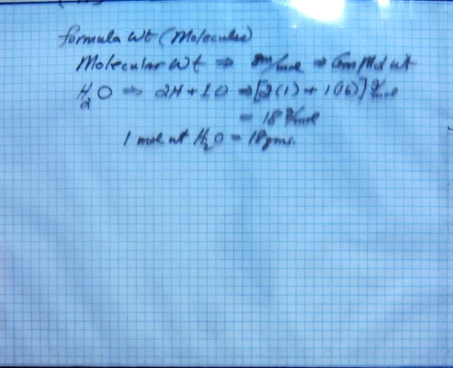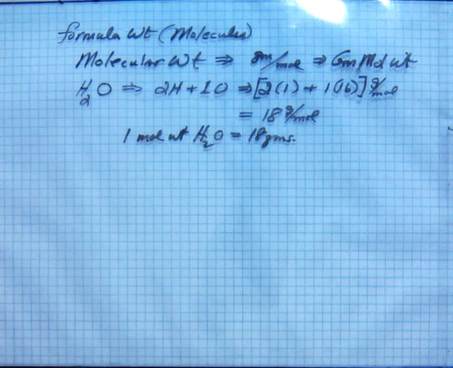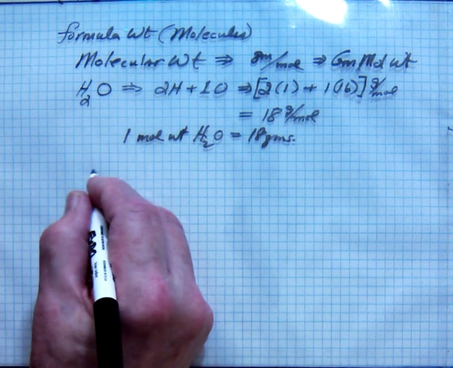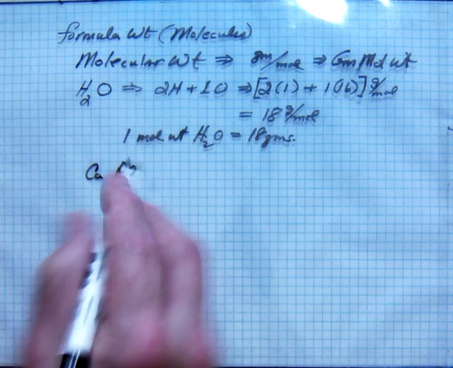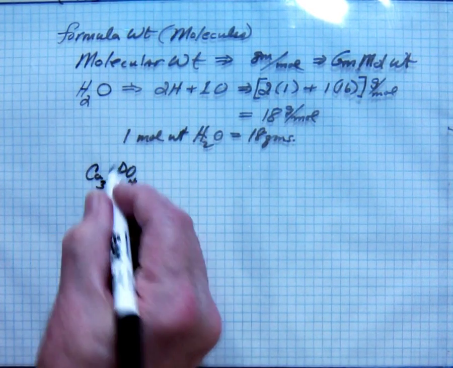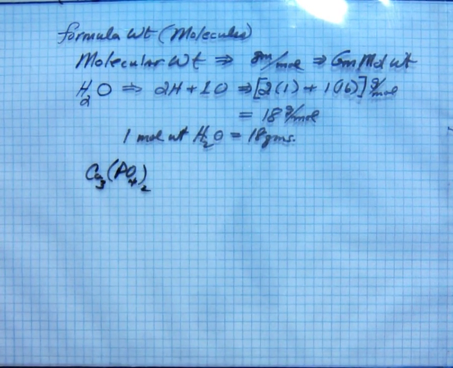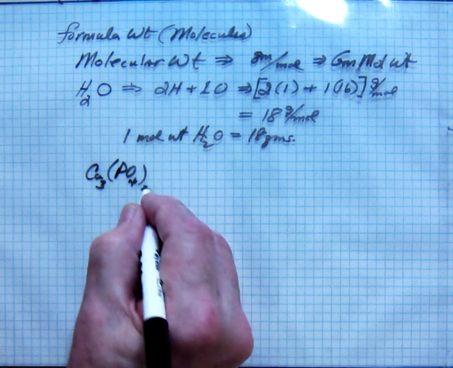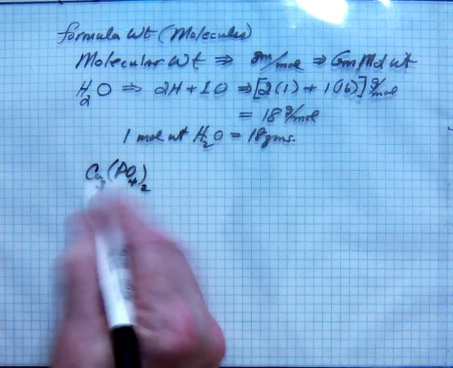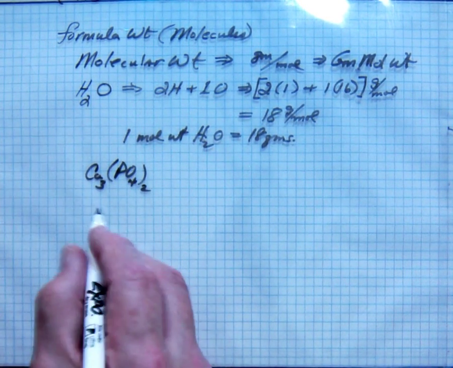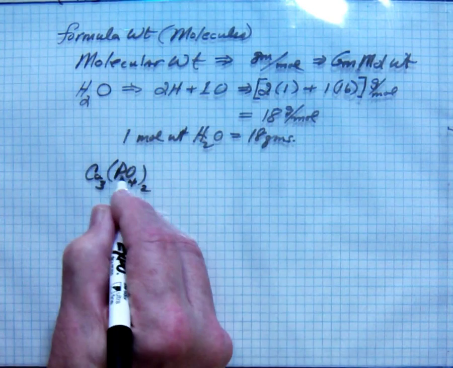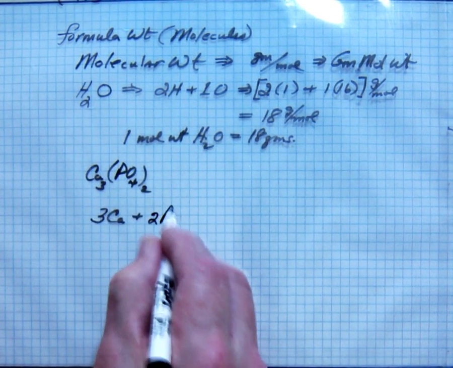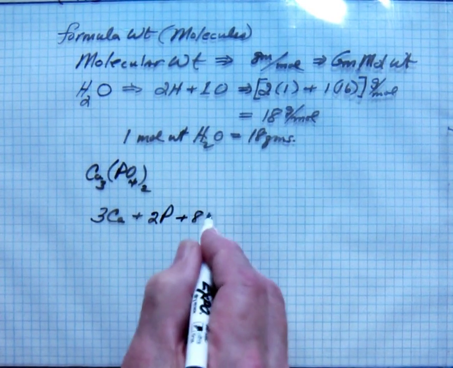Sometimes formulas, as you well know, come with some clutter to them. So let's take calcium phosphate, for example, Ca3(PO4)2, with the subscript 2, just to emphasize the nature of symbology in calculating formula weight. In calculating a molecular weight of calcium phosphate, we have 3 calciums. The 2 applies to everything in the parentheses, that'll be 2 phosphorus plus 8 oxygens.